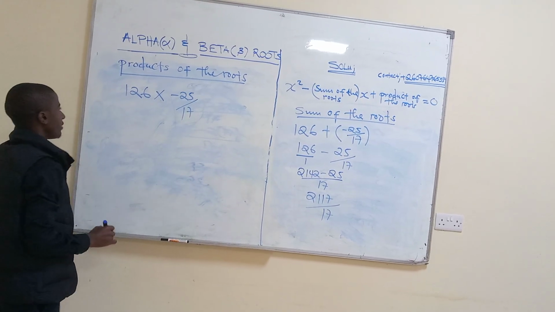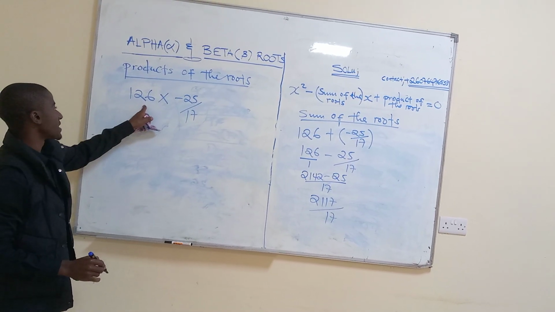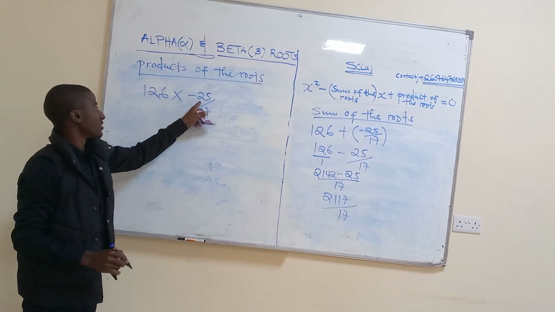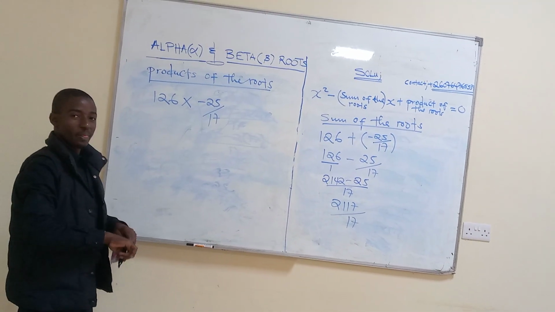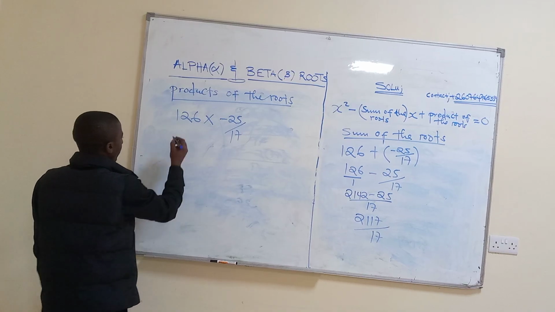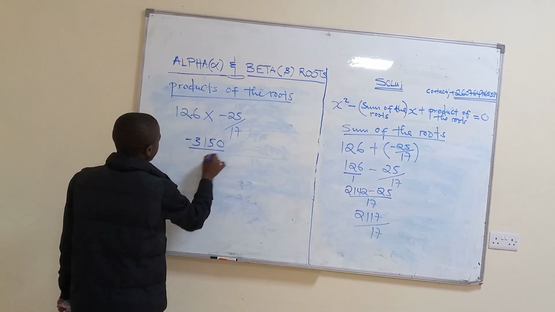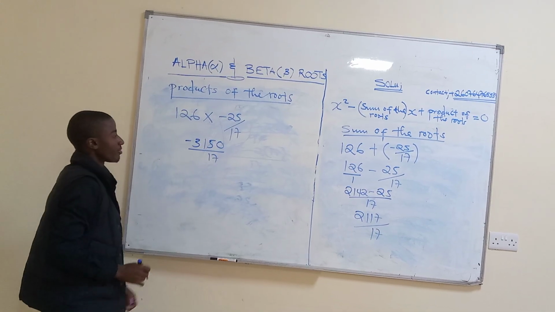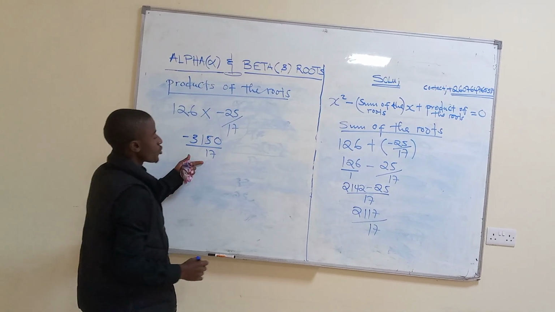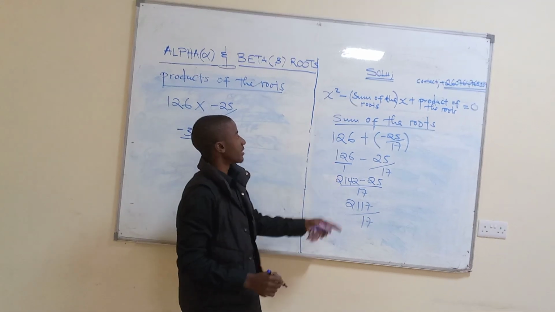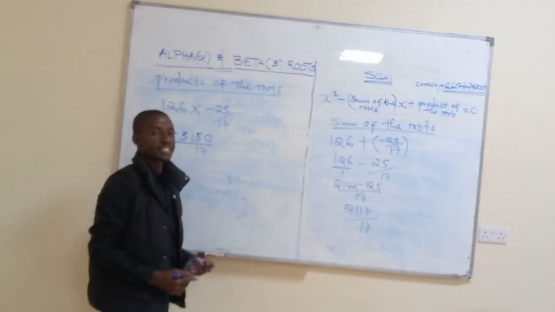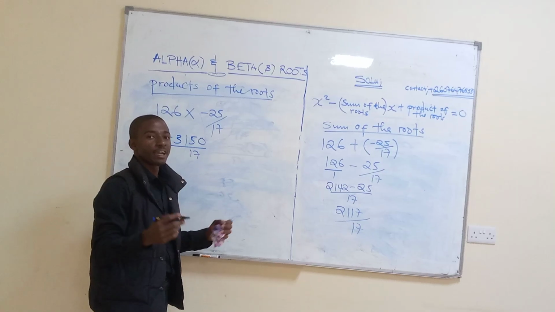If you multiply 126 times negative 25, you're going to get negative 3150 over 17. So now since you have the sum of the roots and the product of the roots, it's very simple for us to find the final answer.